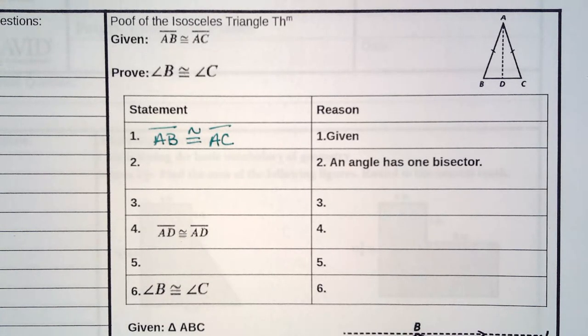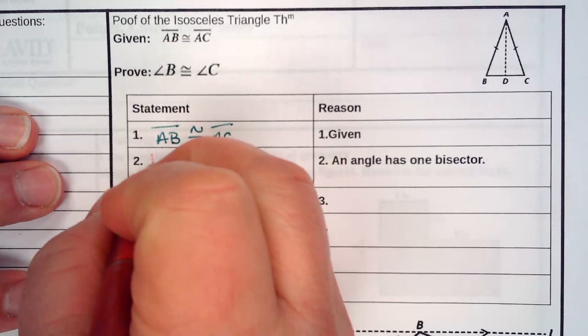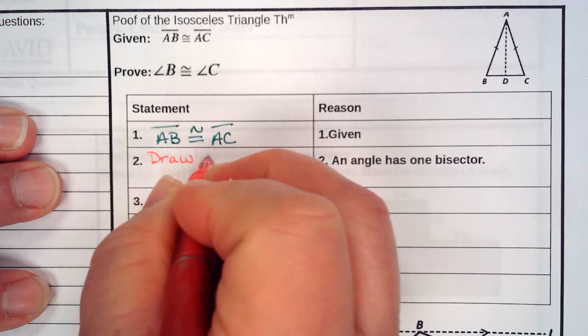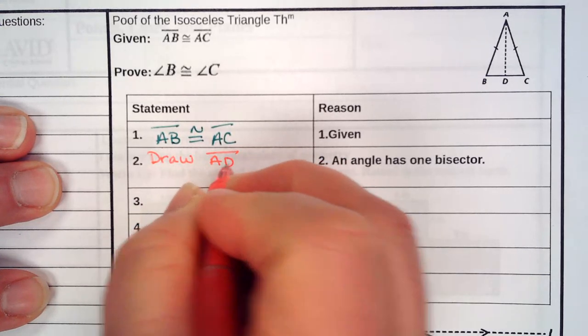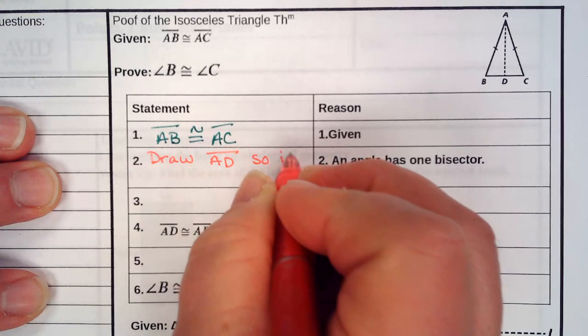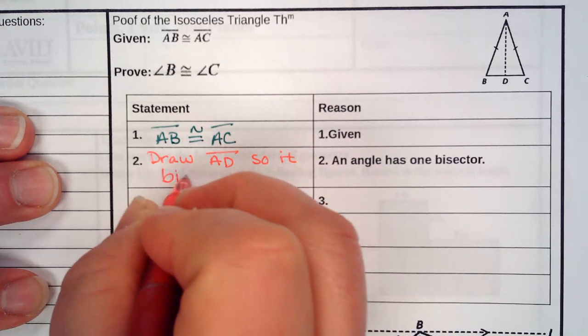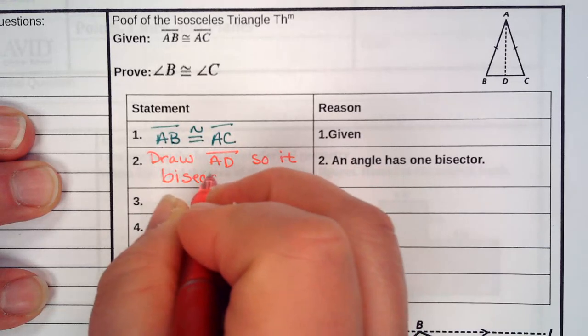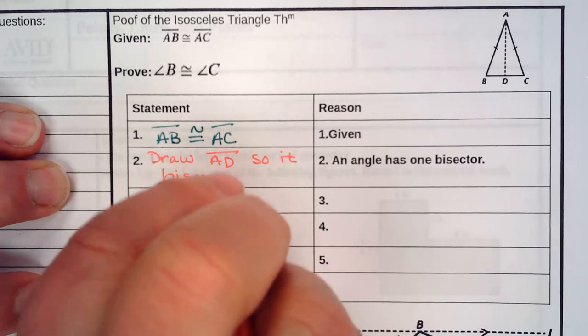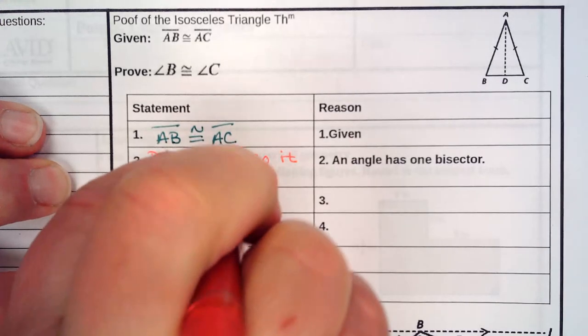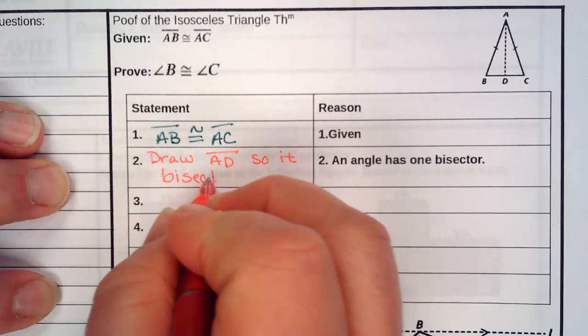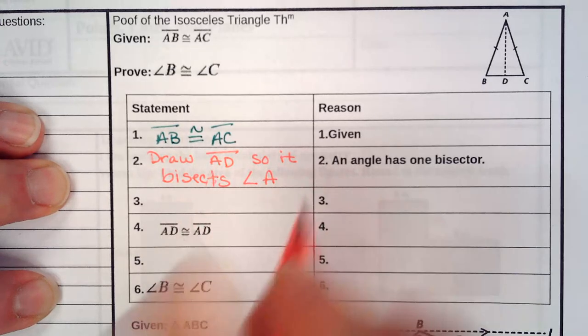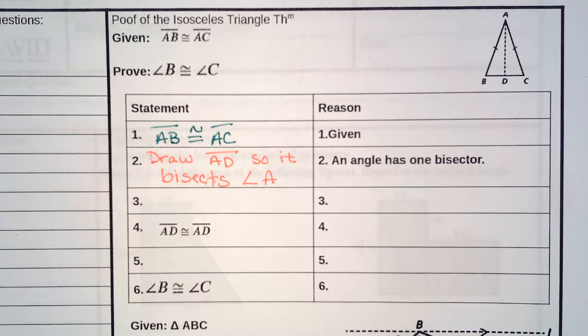altitude drawn. So we're going to draw segment AD so that it bisects the angle. And it's going to bisect angle A. Okay, now we can do that because we know each angle only has one bisector.